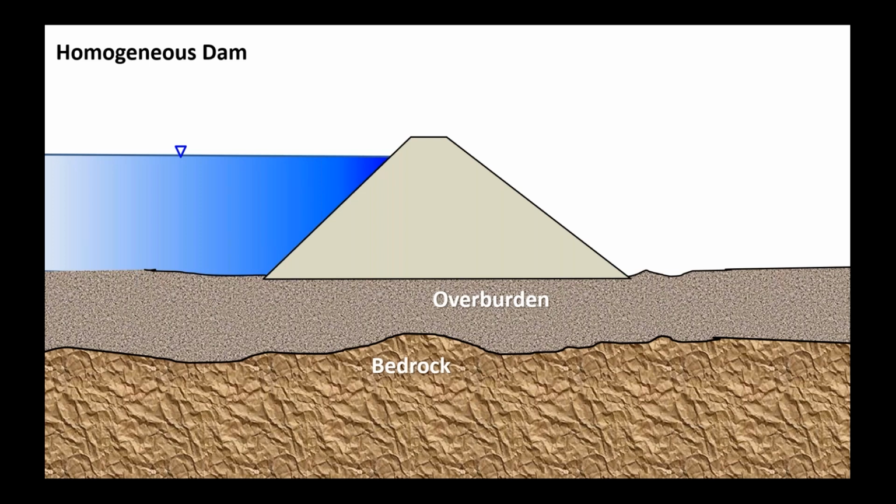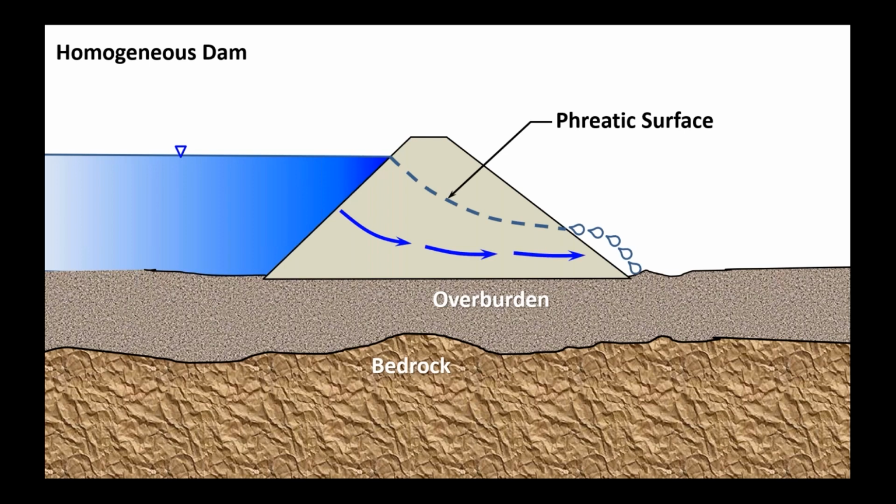And if you think about what kind of seepage could we have through a structure like this, we can have seepage through the embankment, and that seepage, just to establish some important nomenclature here, as the water flows through from the normal pool through the embankment, it will saturate the embankment and will have what's called a phreatic surface.